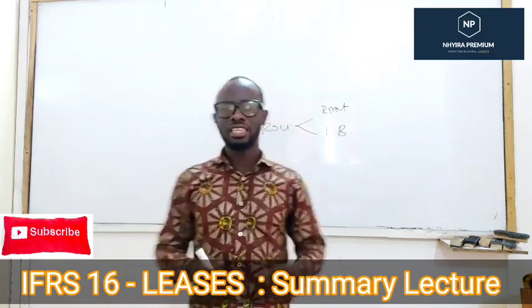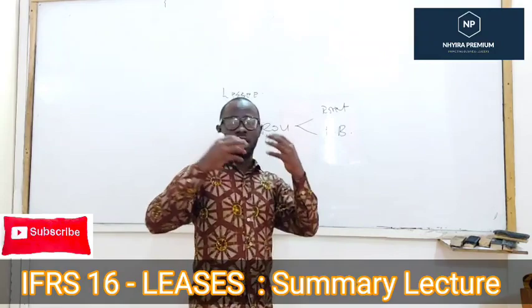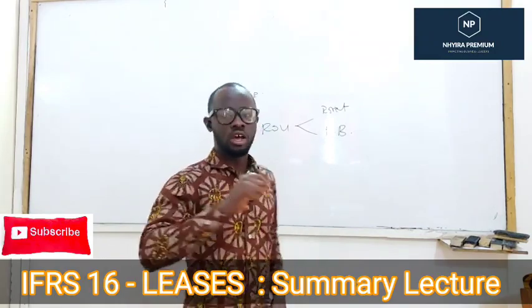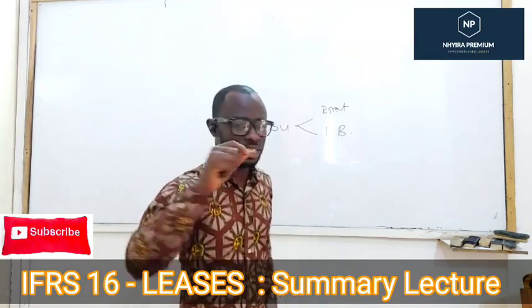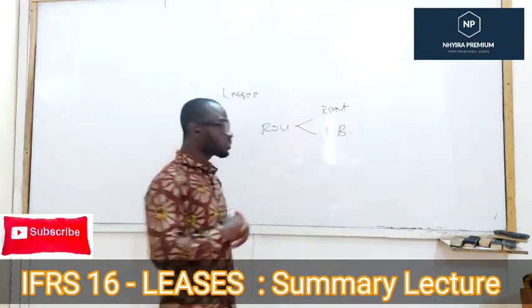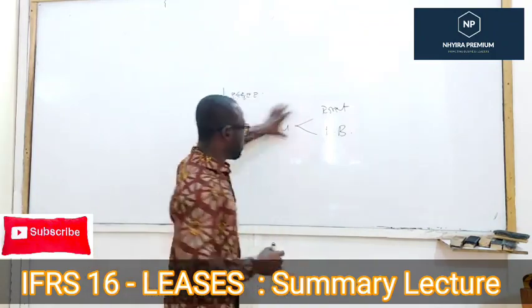So once the lessee directs the usage of the asset and receives substantially all the economic benefits accruing from the usage of the asset, then we say that the lessee can recognize a right of use of assets in relation to that. So that is the first thing.